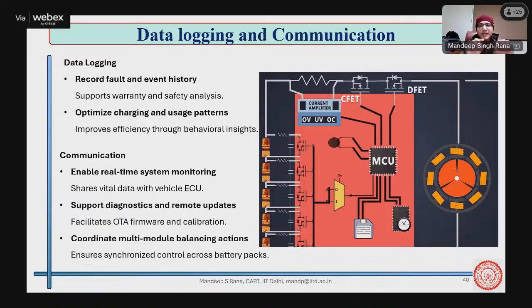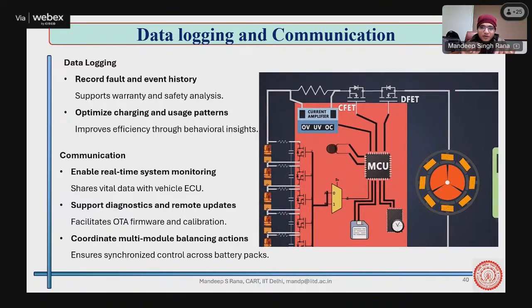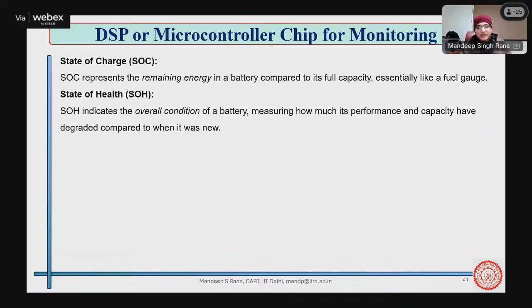And through that IC, which is the data log IC, we also want to send this signal to high-end processors to have communication. So two basic things are there. One is data logging to keep the data record of everything which is happening. And the other thing is to communicate that data to high-end microcontrollers. That is also being done within, let's say, the IC.